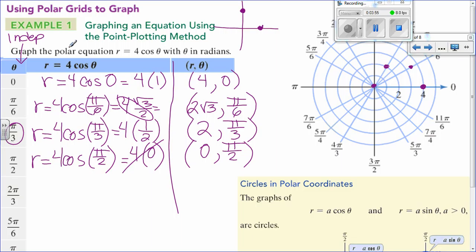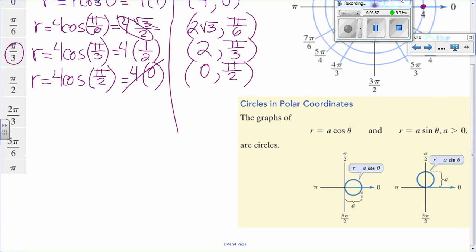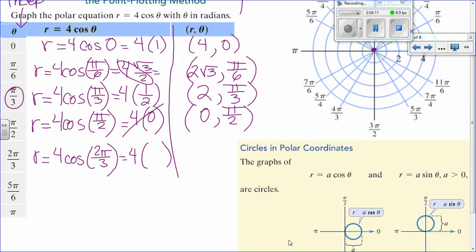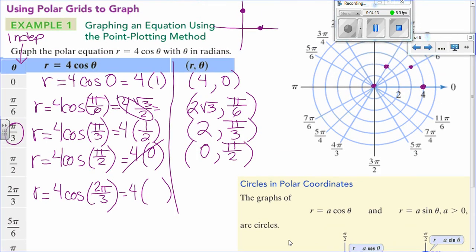Then we move on. So we have r is equal to 4 times the cosine of 2 pi over 3. And that will be 4 times, what is the cosine of 2 pi over 3, guys? Not 0. 1/2. Remember, pi over 3 is right here. I'm sorry, 2 pi over 3.